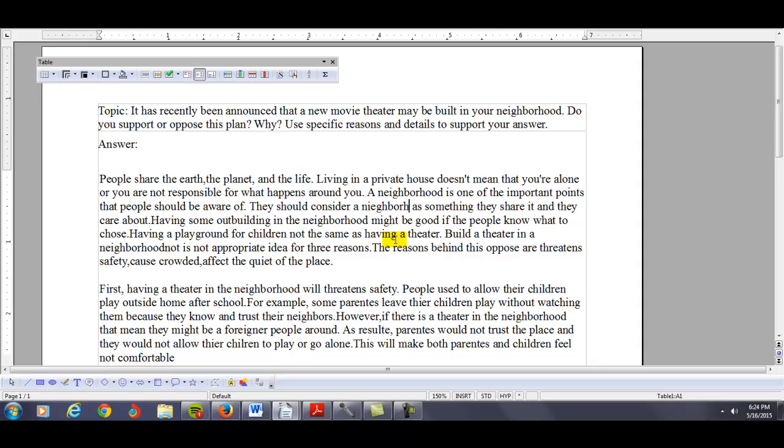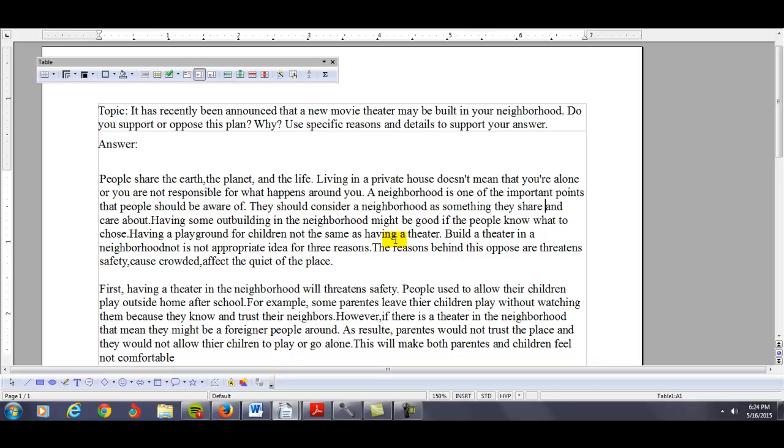I'm going to be a little more explicit here. They should consider neighborhood as something they share. Again, you don't need this pronoun. So they should consider neighborhood as something they share, and I would just say care about.